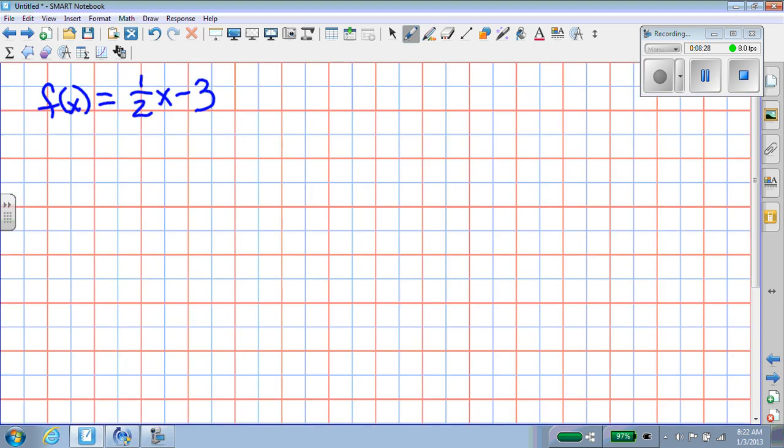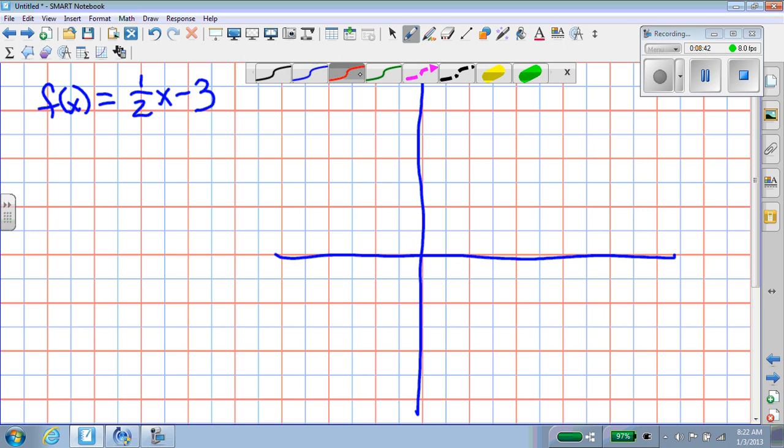Okay, let's put all the pieces together. We have f of x equals 1/2 x minus 3. I'm going to graph that. Okay, so -3, up 1 over 2, up 1 over 2, up 1 over 2.